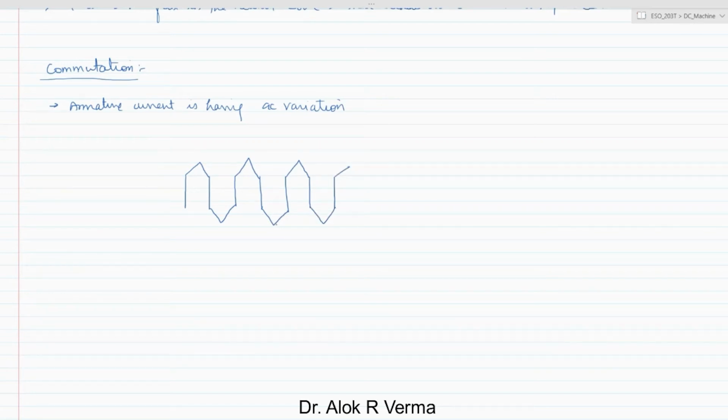Basically these are the terminals, the contacts, and these sections are insulated from each other. This touches this point, there is an electrical contact, and the current which is suppose coming in this direction has to go in this direction.